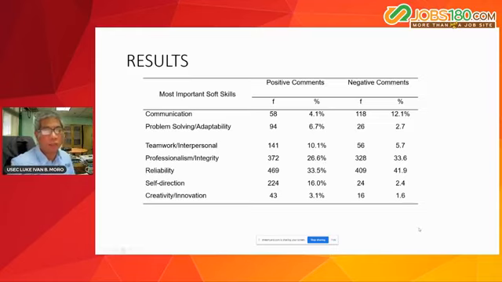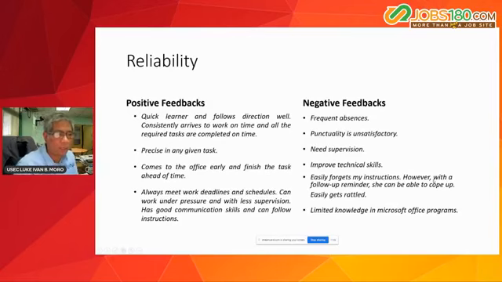So instead of just providing you a definition, I'll just show you some comments so that you will have an idea what these soft skills are, what they refer to. Okay. So on reliability, they have positive feedback: quick learner, can follow directions well, and very precise in any given task.